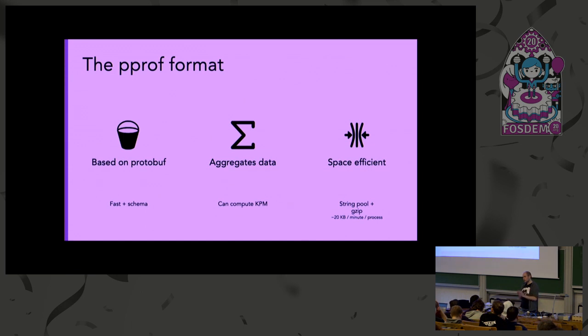All of that is well organized in the schema, and it's gzipped by default. So it's pretty fast to generate and pretty small to store. For example, on average, we use 20 kilobytes of storage to store 1 minute of profiling for one Python process. So it's pretty easy to store, even for a few hours or a few days.